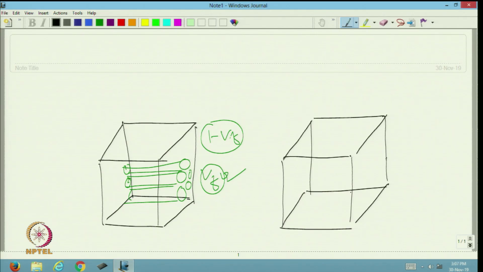Now, this is the thickness, say V f. Okay. Now, here this portion is the fiber portion.